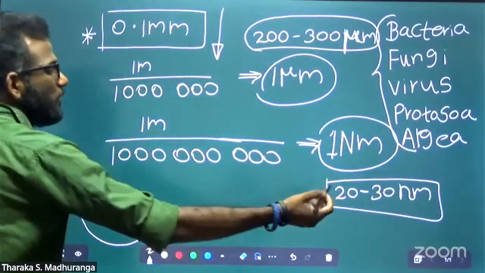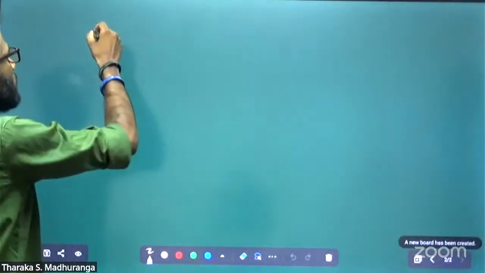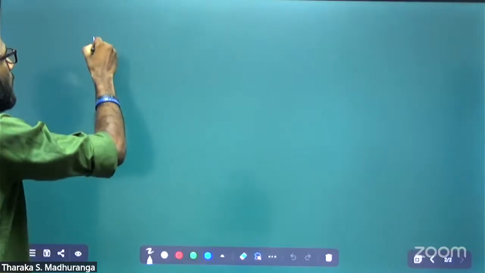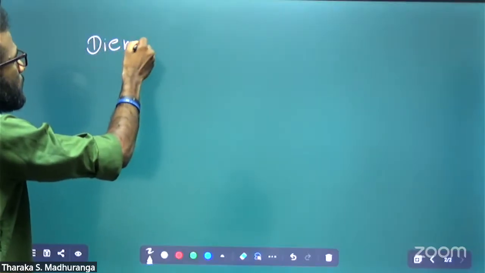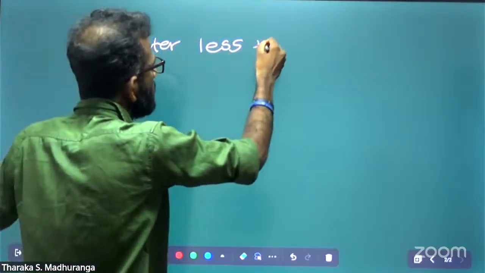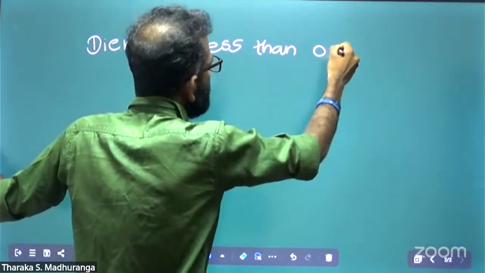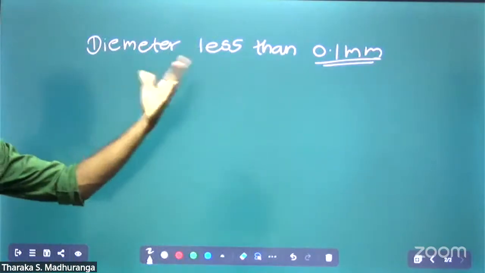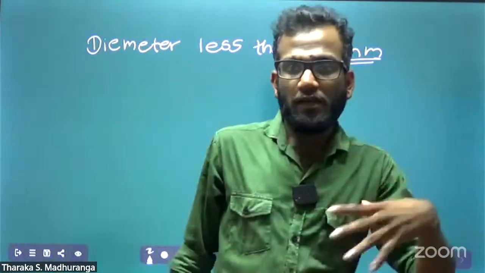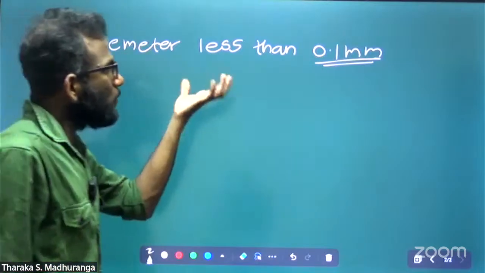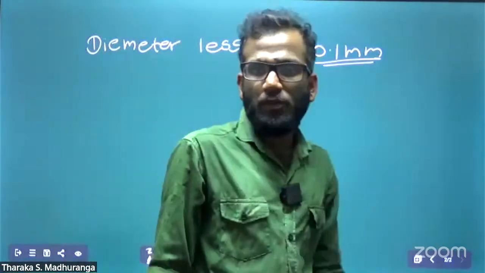Organisms whose cell size or body diameter is less than 0.1 millimeter. That's why they can't be observed by our naked eye. Their body diameter is less than 0.1 millimeter.